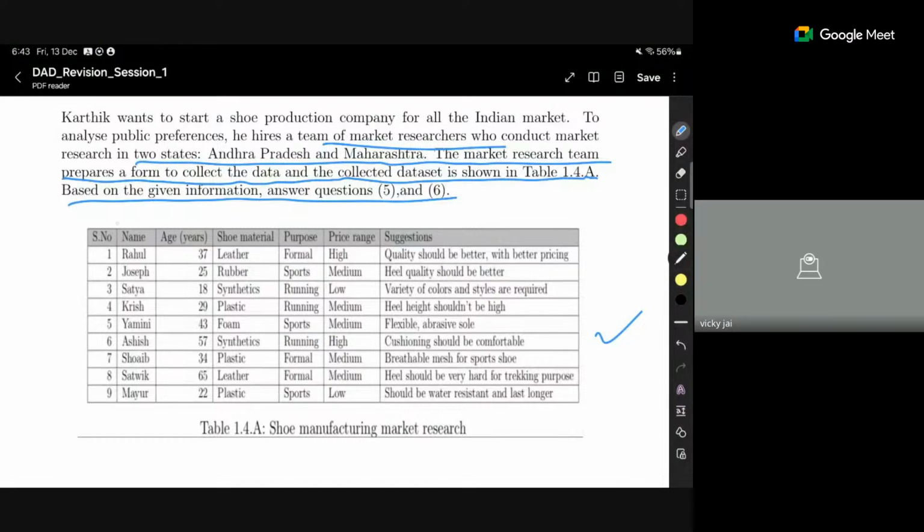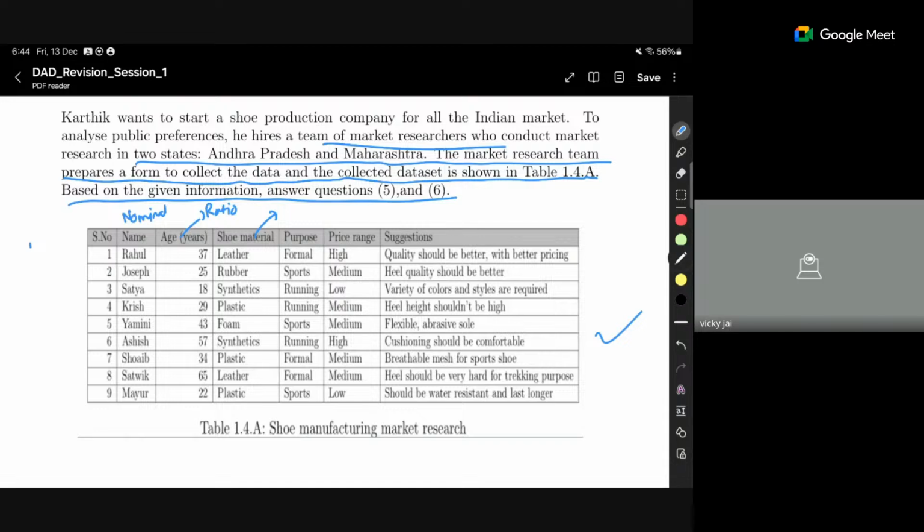Name you can consider as nominal, because there is no order in between. Age you can consider as a ratio scale, because there is a zero as a reference, right? So this is a ratio scale. Shoe material: does material have any order? Like rubber is greater than synthetic or leather?